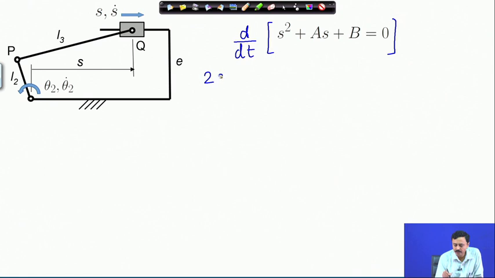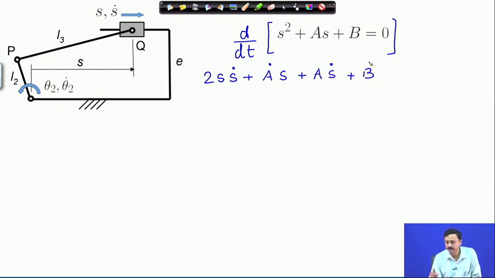I have 2 s s dot, which is d dt of s squared, plus A dot s. Remember, A is a function of theta 2, plus A s dot and B dot.